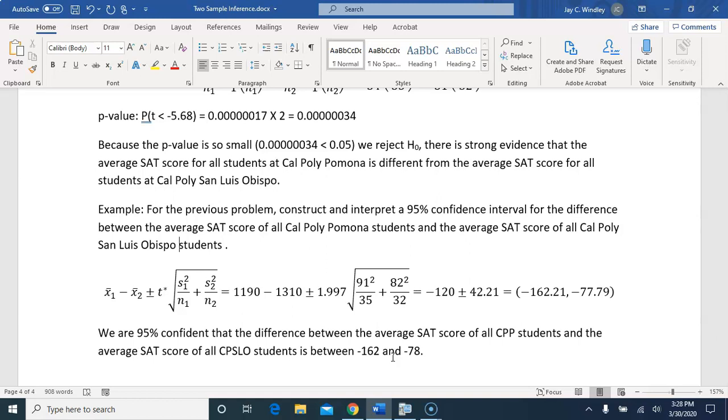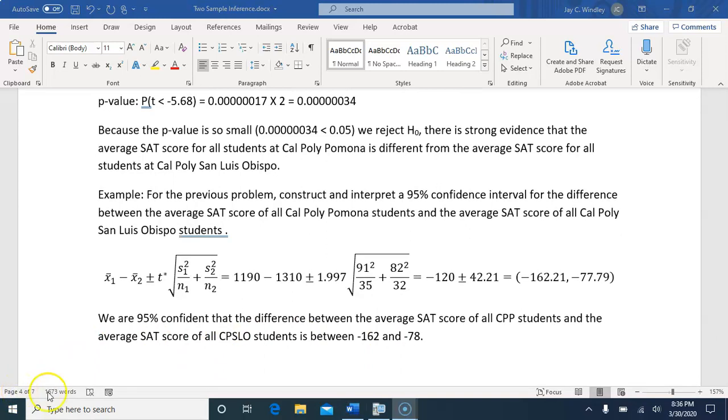The interpretation of the confidence interval is similar. The decision on whether or not to reject the null hypothesis is the same. We just have slightly different formulas because we're dealing with two samples, but we don't really need to get bogged down in those more difficult formulas because all these calculations will be done for us by the calculator.